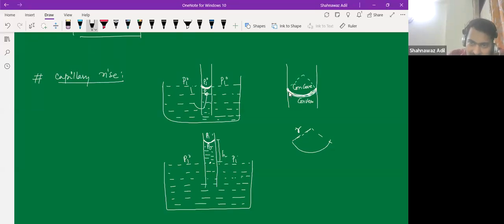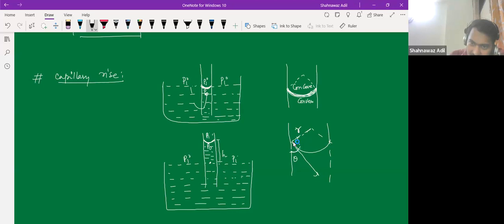And the surface tension is acting tangentially to this region, right? So the surface tension is acting in this way. This is the surface tension. This is angle theta, right? And we know that these are perpendicular.